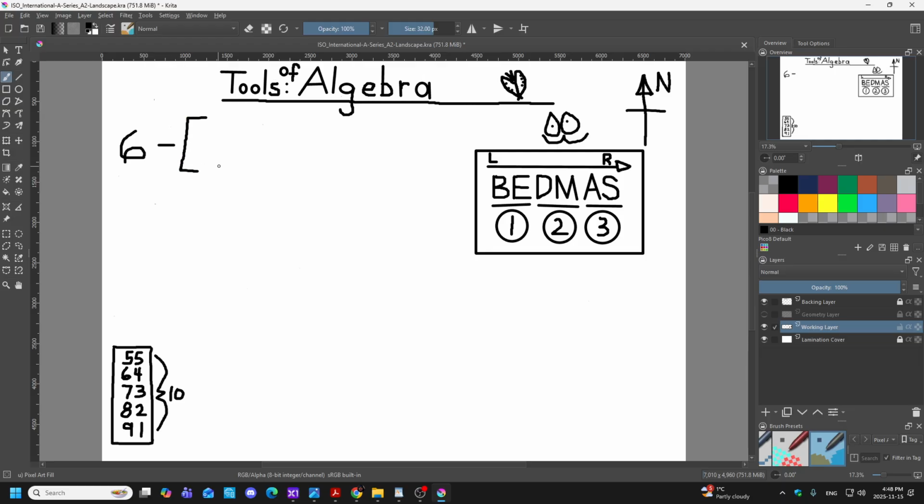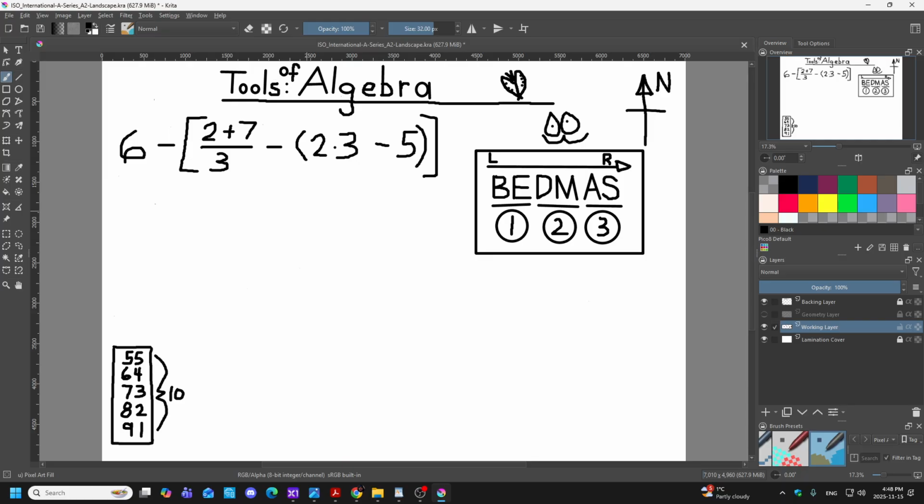We're up for the challenge. 2 plus 7 all over 3. I'm trying to condense this. Subtract in brackets 2 multiplied by 3, subtract 5, and close brackets.